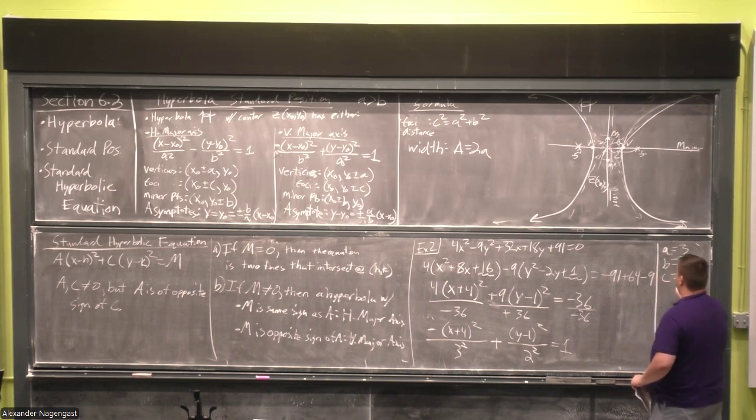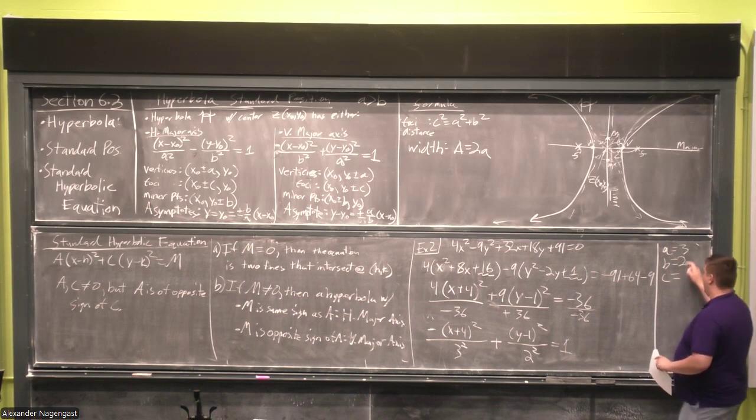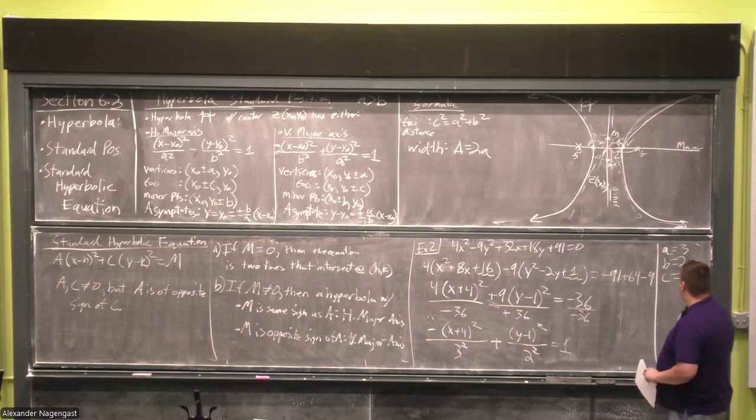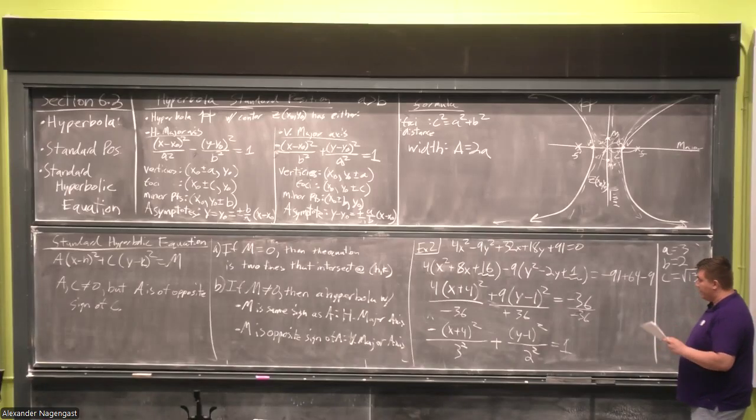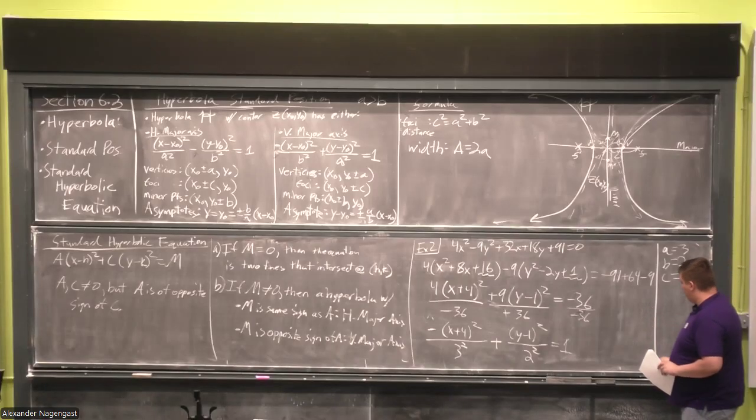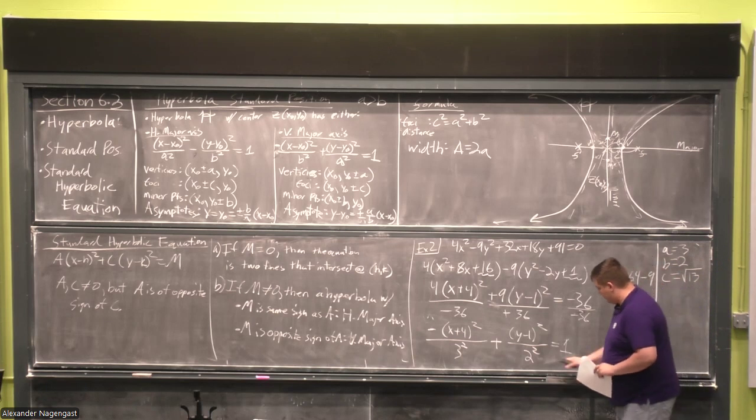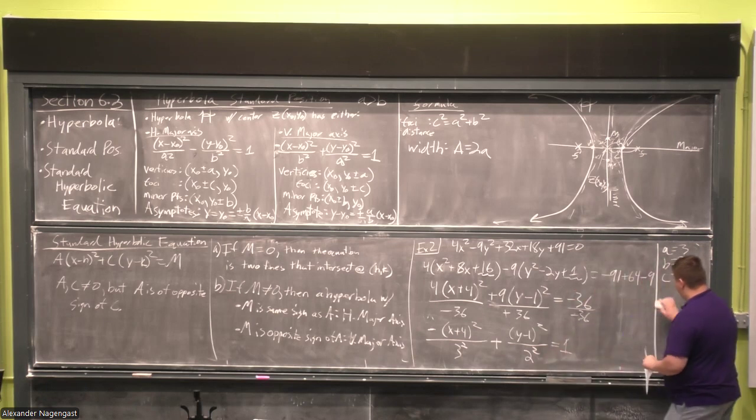So that means our c is the square root of a squared plus b squared, so that's 9 plus 4, 13, square root. We'll have square root 13 for our c. So when it comes to our foci now, we'll write it as the following.